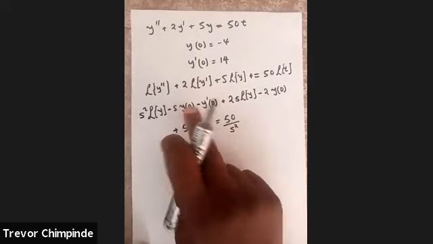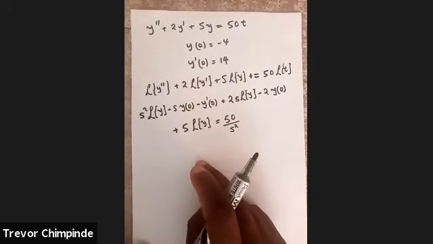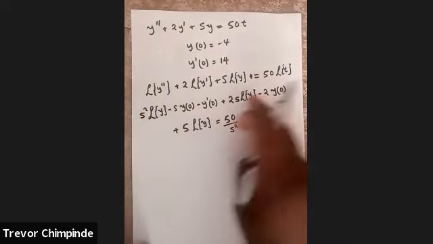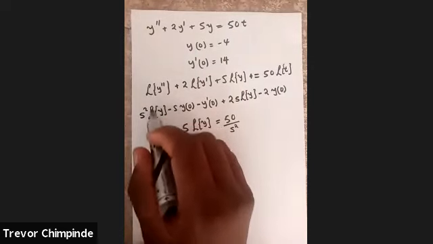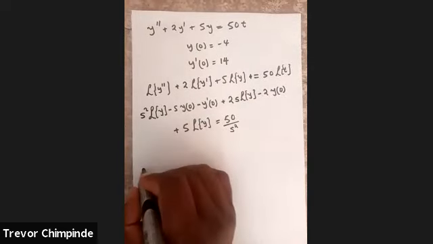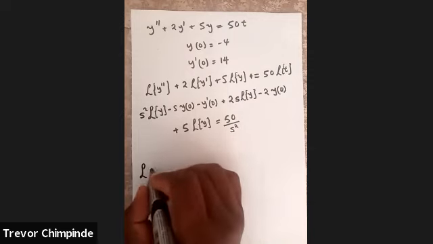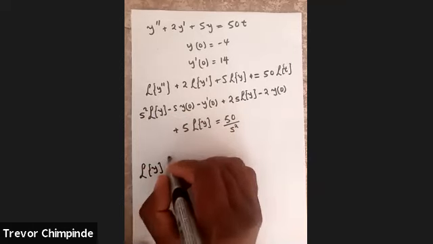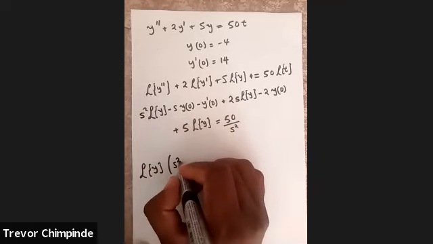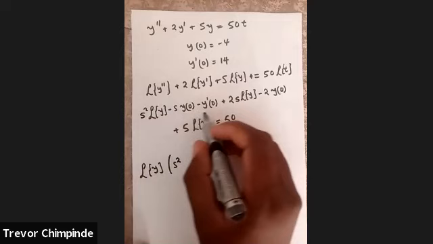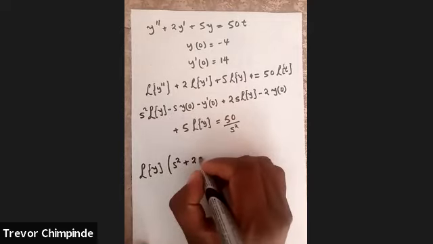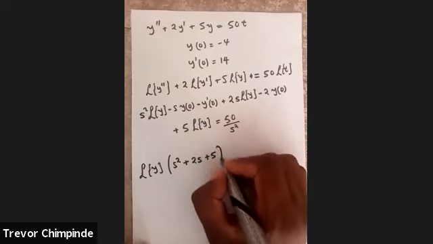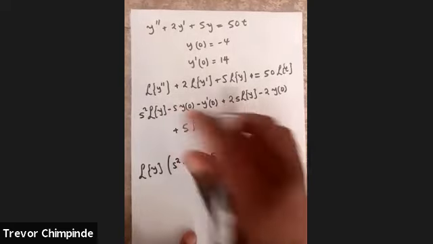So now I can replace what y of 0 and y prime of 0 are. I can also factorize Laplace of y. So first, factorizing Laplace of y, we get s squared from this term, plus 2s from this term, and plus 5 from this one.